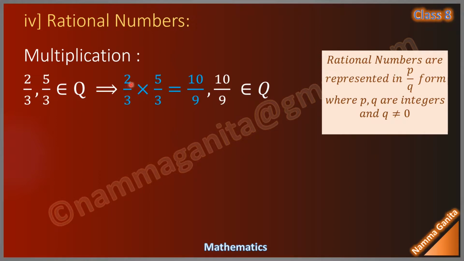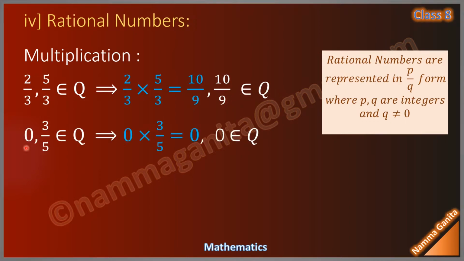That implies 2 by 3 into 5 by 3. 2 5s are 10. 3 3s are 9. 10 by 9. 10 by 9 belongs to Q. If 0 and 3 by 5 belong to Q, that implies 0 into 3 by 5 is equal to 0, and 0 belongs to Q.